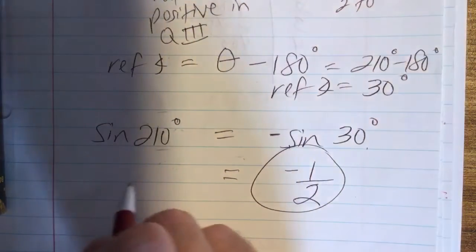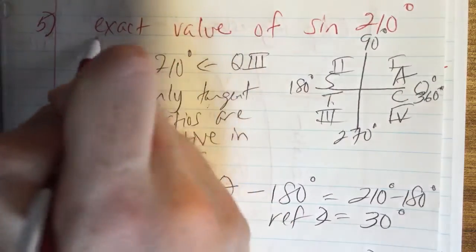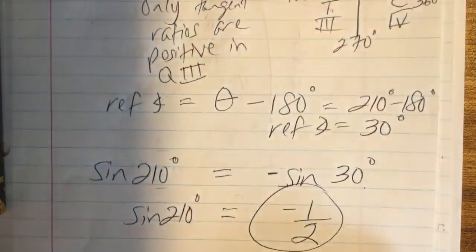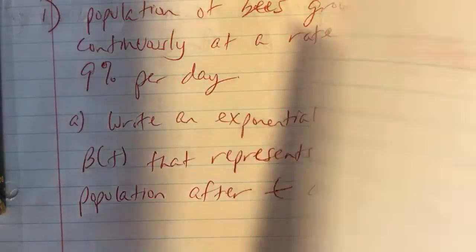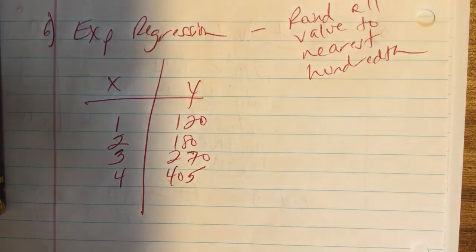Therefore, the sine of 210 degrees is negative 1/2. And remember, whenever it has exact trig ratios, you have to go by that chart that we have learned in class. Another concept of part 2 is writing an exponential regression function, and this is all done on the calculator.